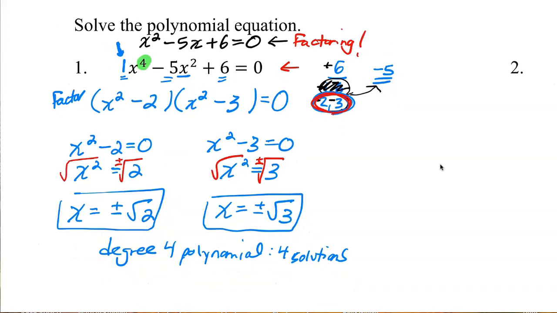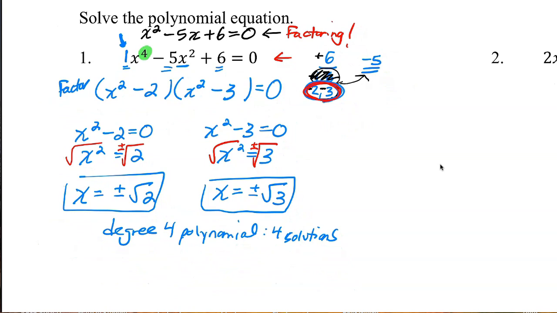One other thing just to point out to connect it visually, if we were to sketch a graph of a degree 4, this graph would have x-intercepts at plus and minus square root 2, square root 3, negative square root 2, negative square root 3.